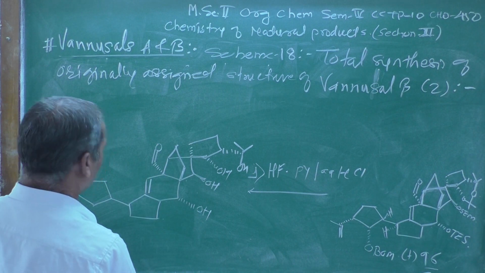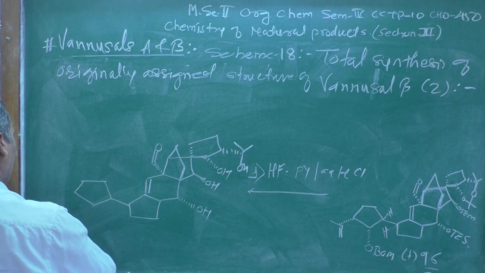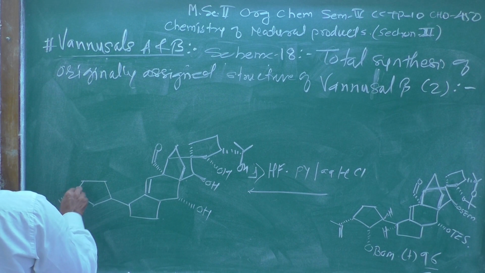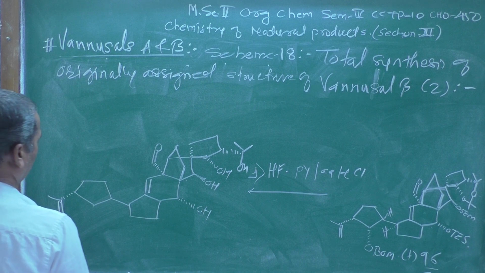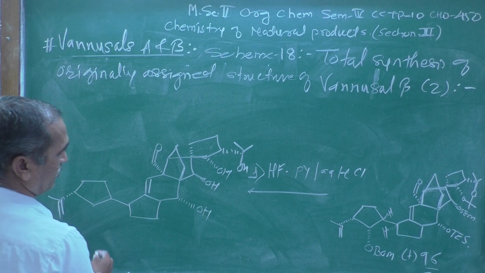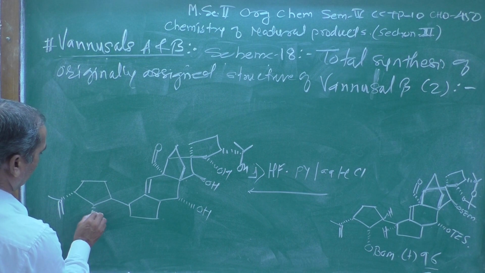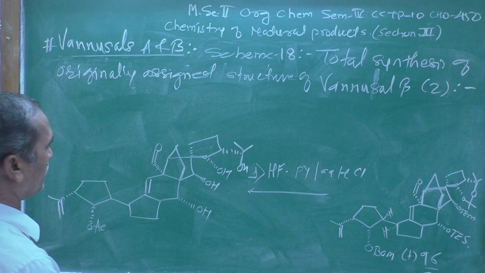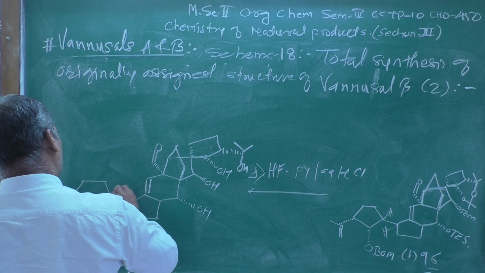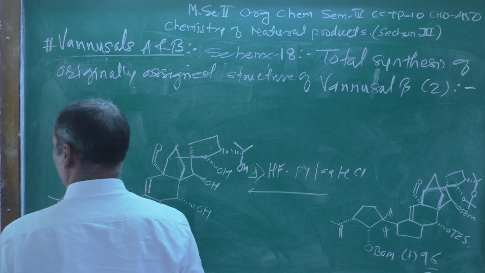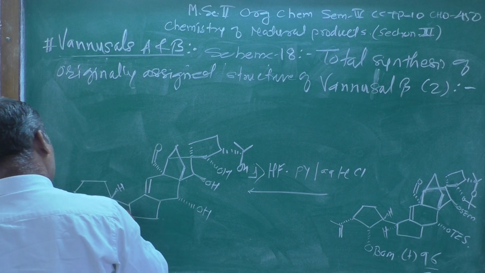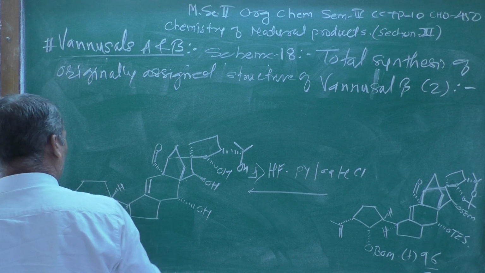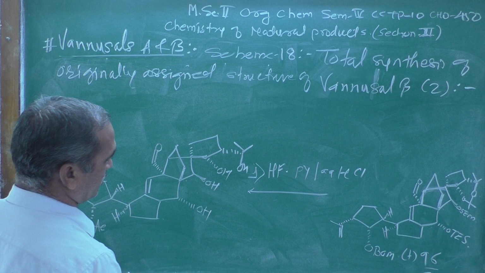Now, coming back to ring A, which has this structure, that is isopropyl followed by the acetylene O-acetate group. At this corner point the hydrogen atom is above the plane. At this corner point the hydrogen atom should be below the plane, and that is the structure.